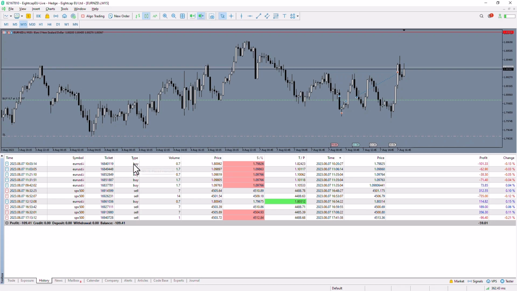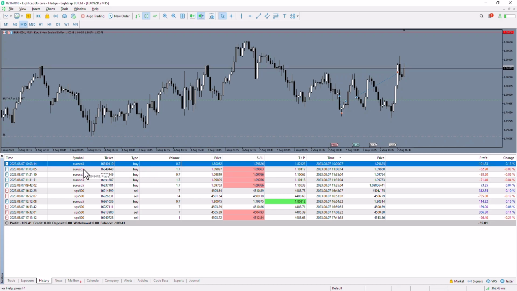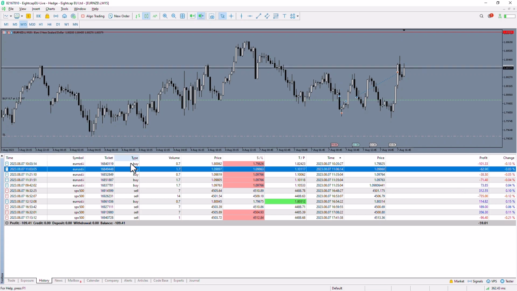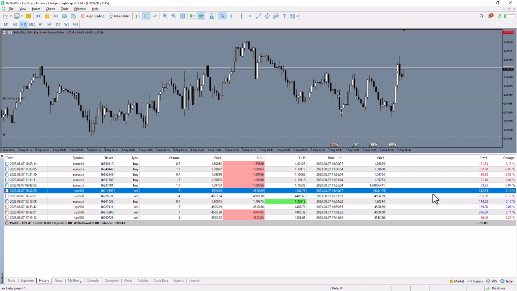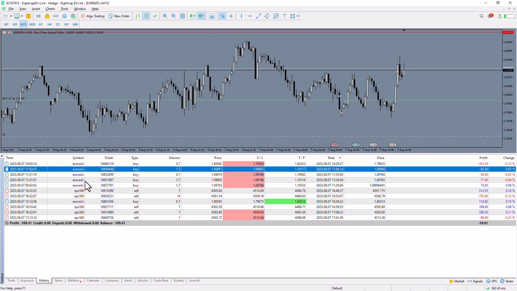We can see from morning session the losses that I took from Euro NZD and Euro USD buy entries, and of course S&P 500. So I would go through these Euro USD trades, but it's essentially what I was looking for on the dollar index, which I highlighted earlier this morning.